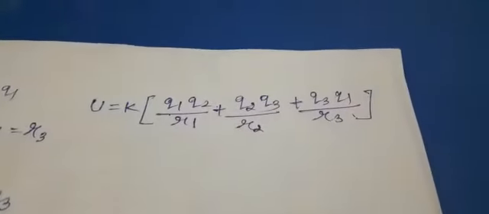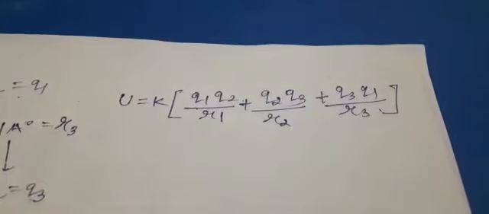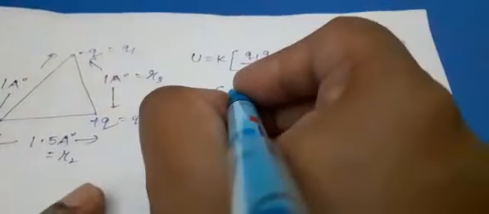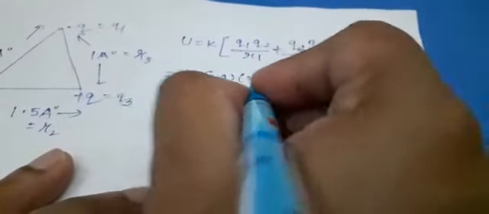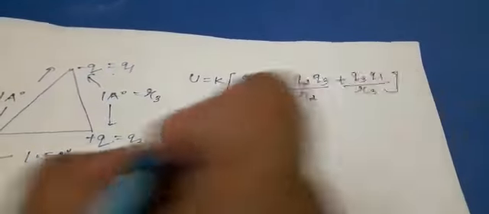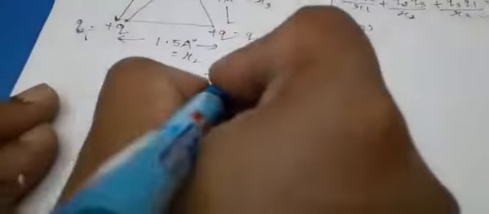Now what you have to do is simply substitute the values and solve it, nothing else. It's a simple numerical. First of all, we will substitute the values of all the charges. Q1 is minus Q, Q2 is plus Q, and the distance is 1 angstrom, which is 10 raised to the power minus 10 meter.